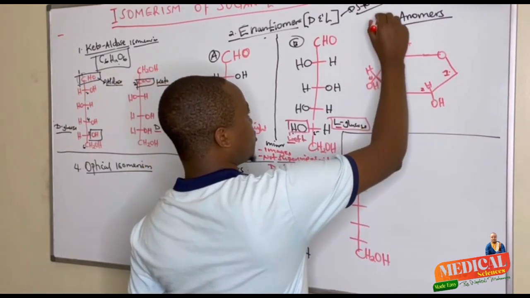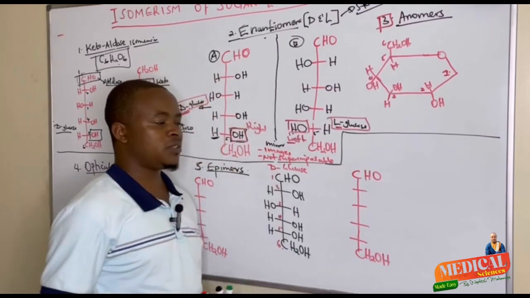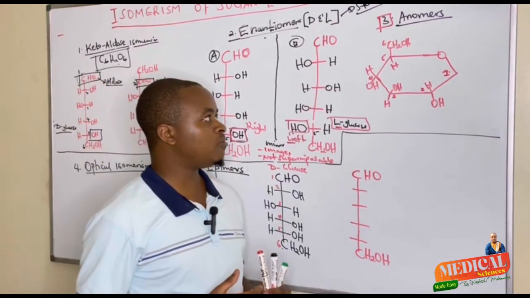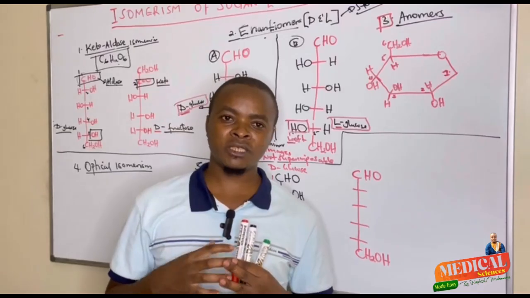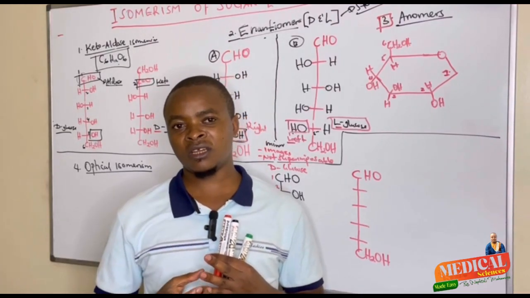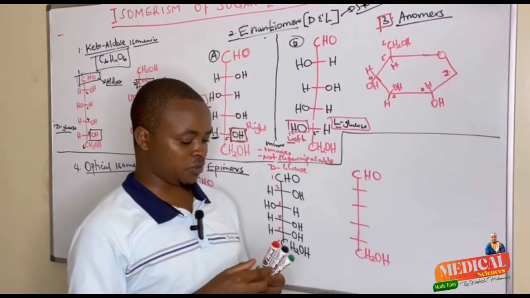Then number 3, which we can talk about in this session, is anomers. These are portrayed by the cyclic or ring structure according to the Haworth projection.